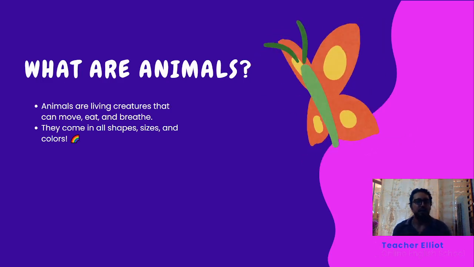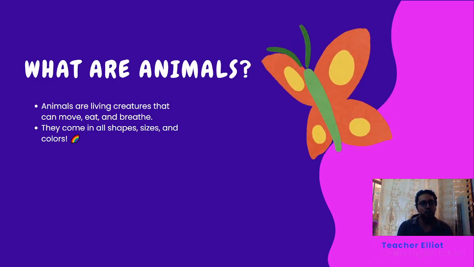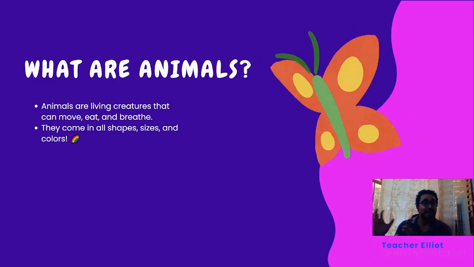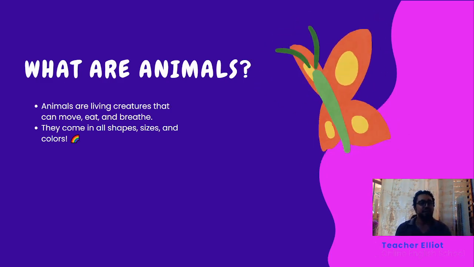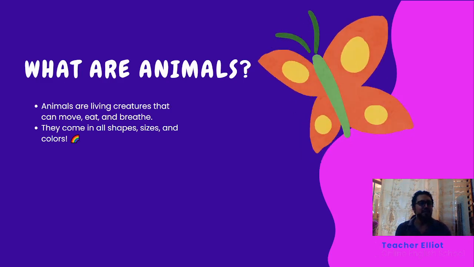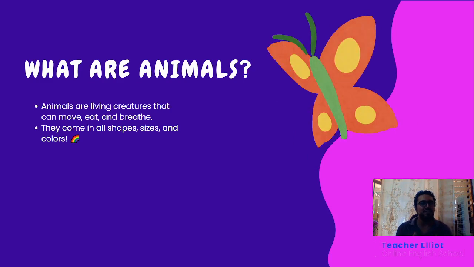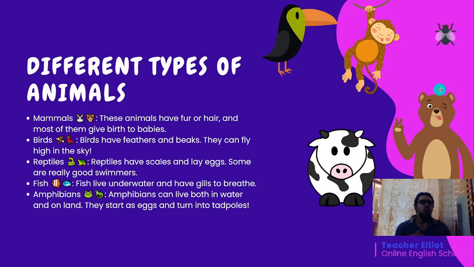For example, if you have a cat, you can have a white cat or you can have a black cat. But if you have a horse, horses usually have the color brown. So this is a very interesting point to start identifying the animals, right?